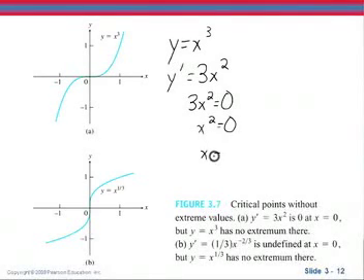Take the square root, and x will be 0. But we can see here at this point on the graph that it does not have a maximum or minimum value. What the theorem told us is that if there is a maximum or minimum value, then the slope there is 0. But it did not say that everywhere that the slope was 0, that it had a maximum or minimum. So it's real important that you notice the distinction there.